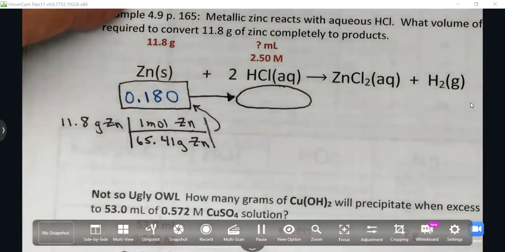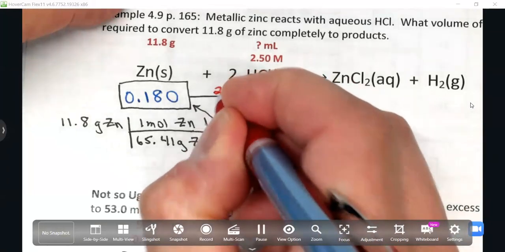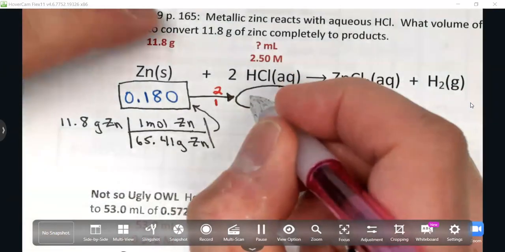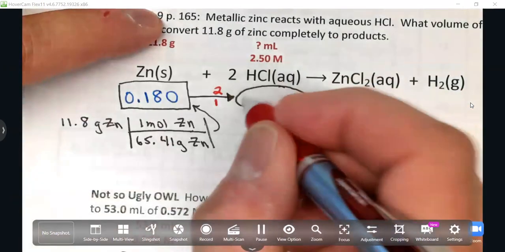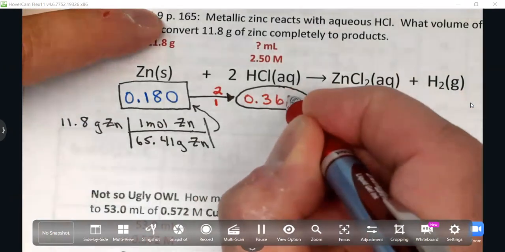And the mole factor fraction is 2/1, right? 2/1. So this, of course, is 0.360.